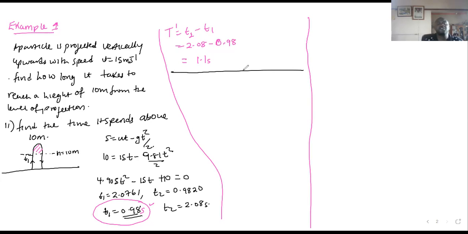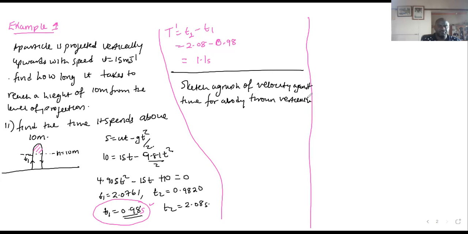There is a question I've forgotten. They can ask you to sketch a graph of velocity against time for a body thrown vertically upwards and then falls back.